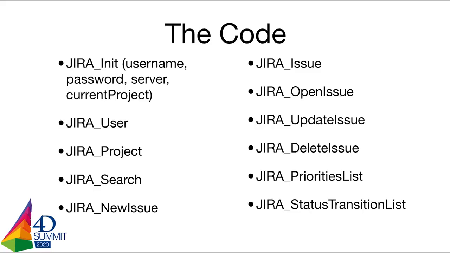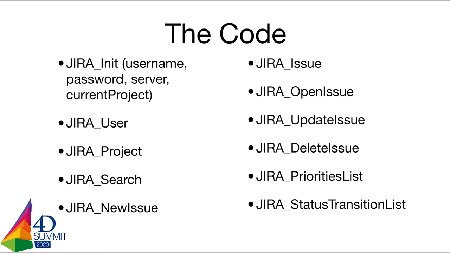So in the code library that's included with the session, there's a handful of methods. They all work very similarly. You'll have an init method, you'll have a user and a project method. Both of those return information about the user and the current project that you're querying about.